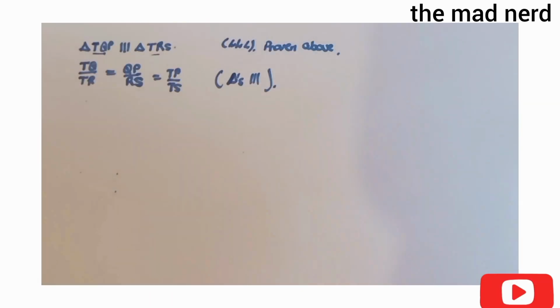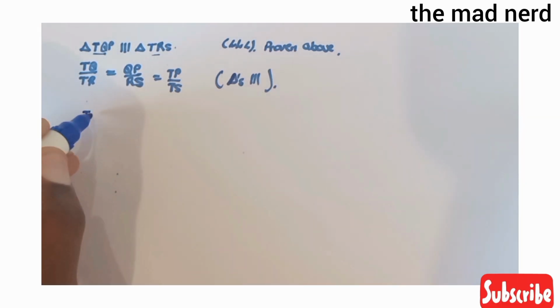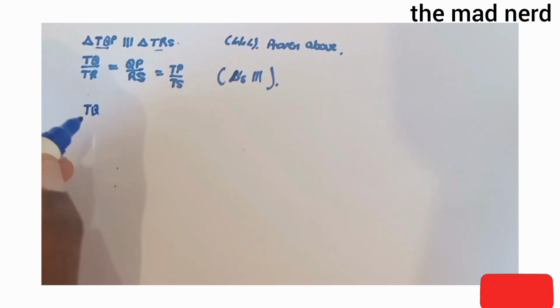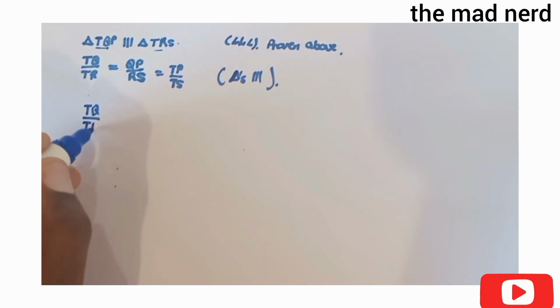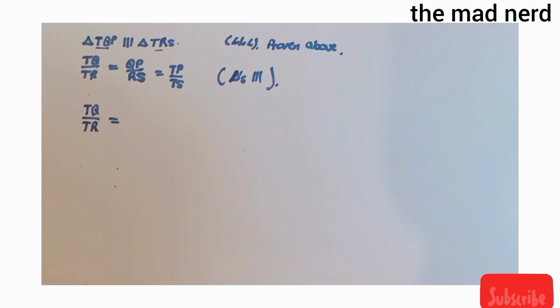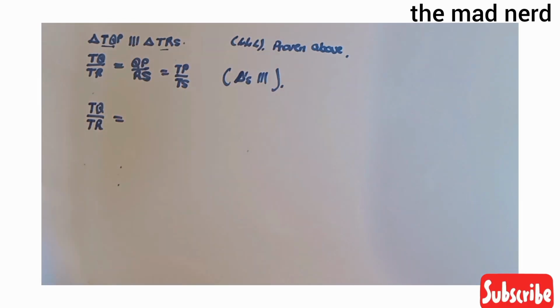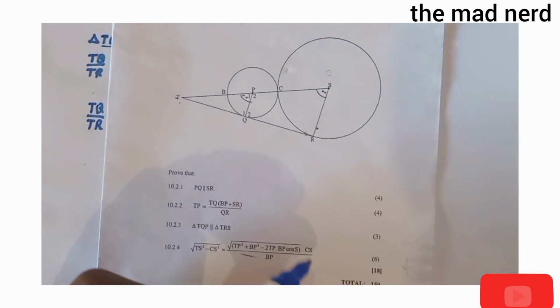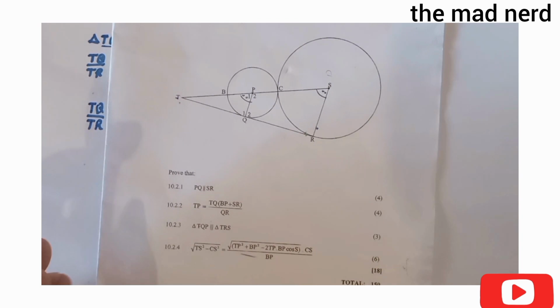So for the sides TQ and TR, we can take them and say TQ over TR is equal to, we've seen that we have also a side CS and a side BP.